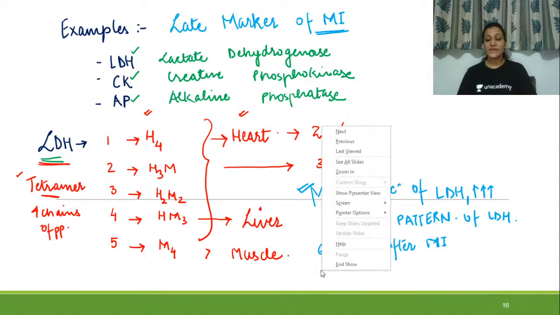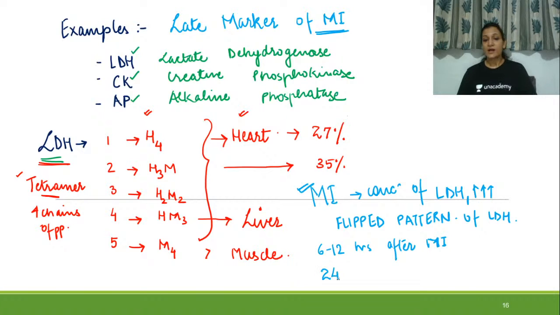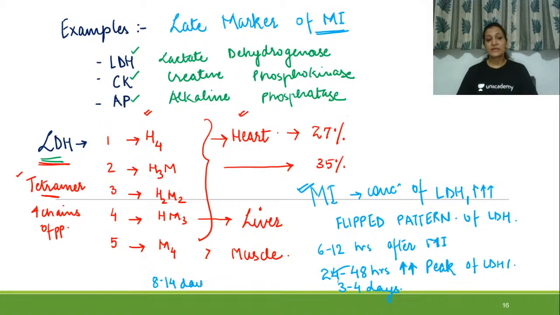Then it peaks when 24 to 48 hours are reached after MI. This is the peak of LDH1 in case of MI, right? In some cases, you will also see that the peak is attained in 3 to 4 days, right? And its concentration comes back to normal in 8 to 14 days. In 8 to 14 days, its level will be normal.